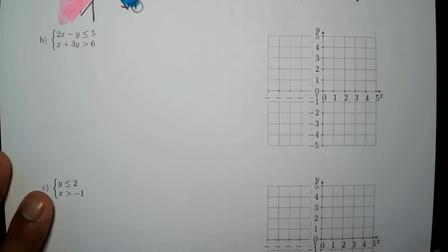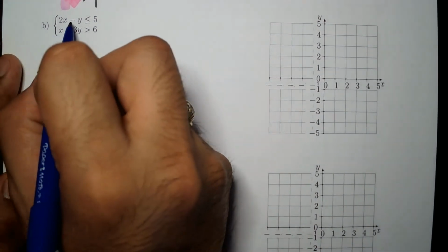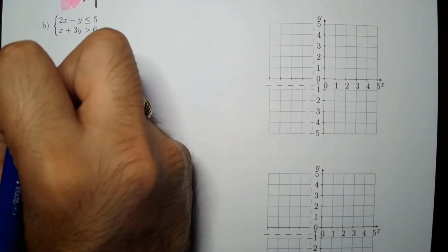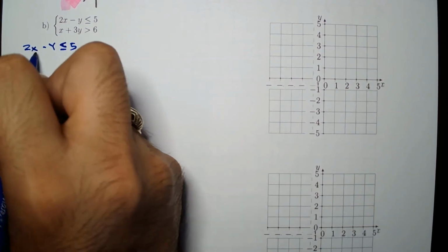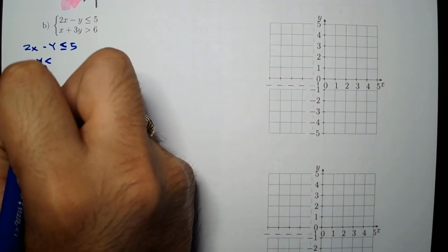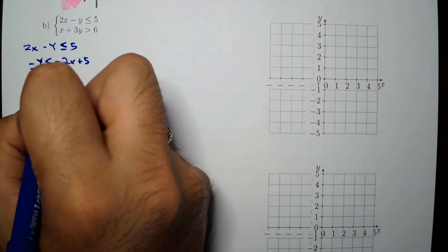All right, let's do another example. Letter B. For letter B, observe that the equations are not solved for y. So 2x minus y less than or equal to 5. I'm going to move the 2x to the right hand side: negative y less than or equal to negative 2x plus 5, and then divide by negative 1.